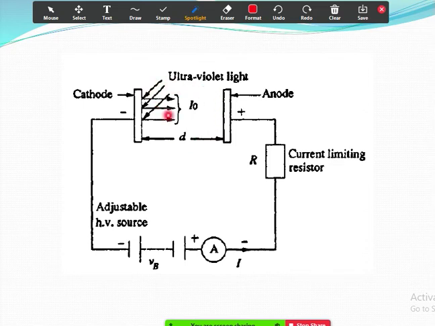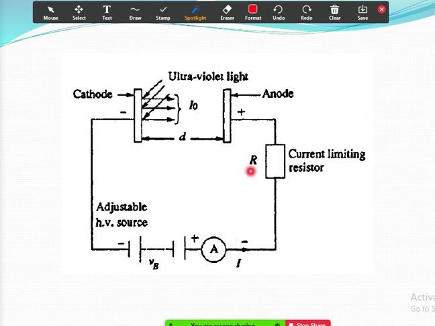Leave the ultraviolet rays, we will see that later. As of now, imagine that there is a cathode and there is an anode. In between there is a gas, and these two electrodes are supplied using an adjustable high voltage source, ammeter for current measurement, and current limiting resistor.